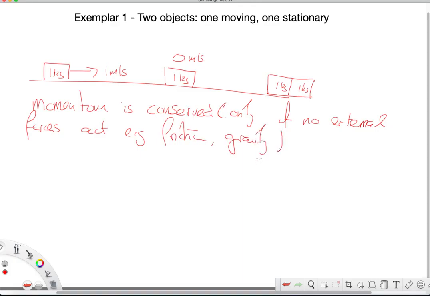So, if you think, where could I go? What situation could I consider where there are no external forces? And actually, if you think about it, you can't think of any situations where there are no external forces.